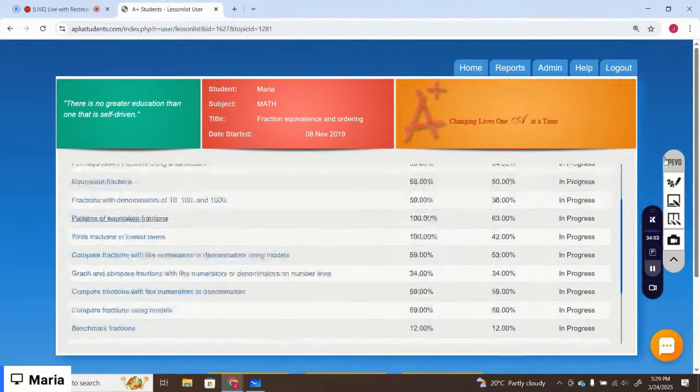The lessons we have covered today are fractions with denominators of 10, 100, and 1000, patterns of equivalent fractions, fractions in lowest terms, and compare fractions with like numerators or denominators using models. So please make sure before the next session you complete all the practice questions for the lessons we just did. That is your homework until next session.